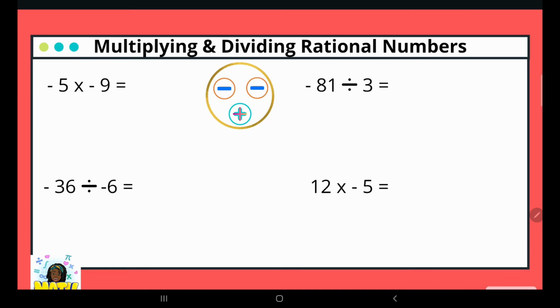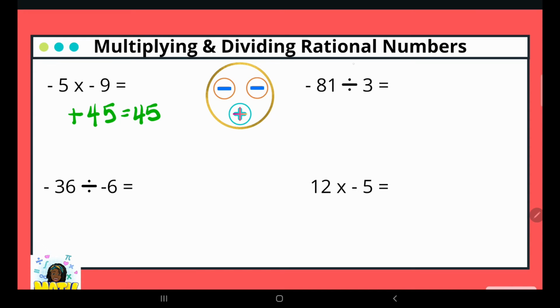So this is telling me that it's a -5 times a -9. So I have same signs. That means my answer will be positive. I'm going to go ahead and just put a plus there to remind myself that my answer will be positive. Let's do the multiplication. 5 times 9 is 45 for a final answer of just 45.